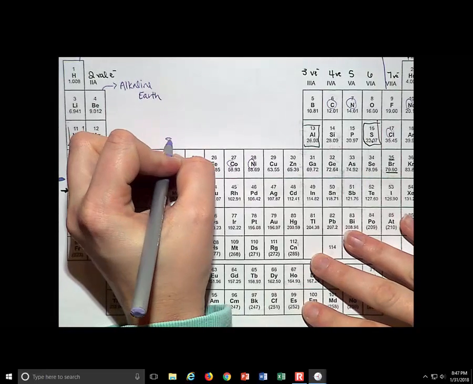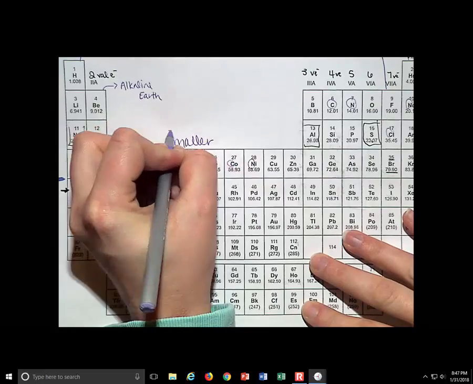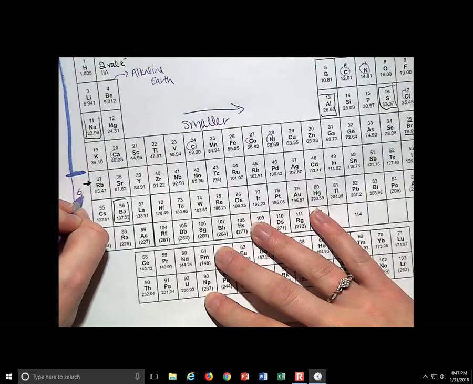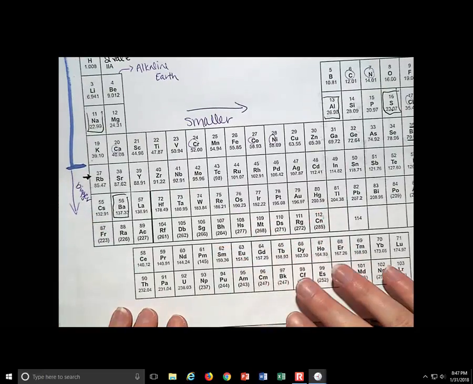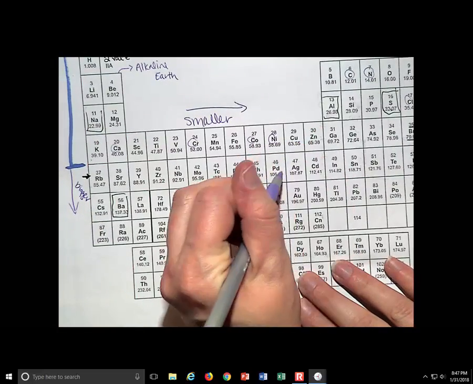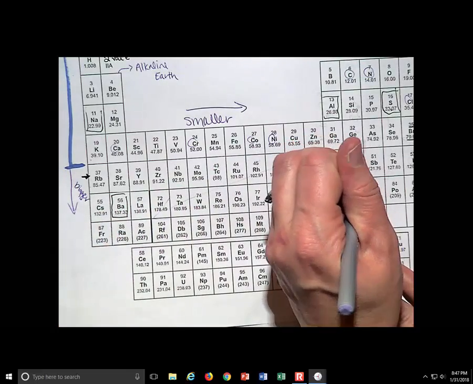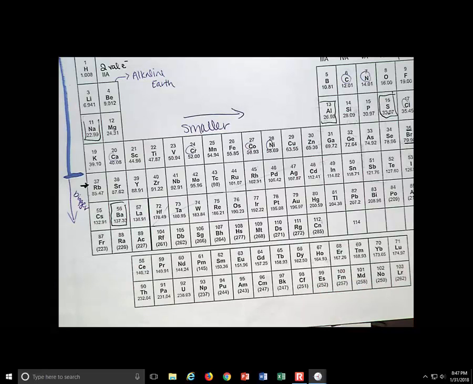So smaller, bigger. Overall, it gets bigger going this direction, or the size decreases going this direction, whichever.